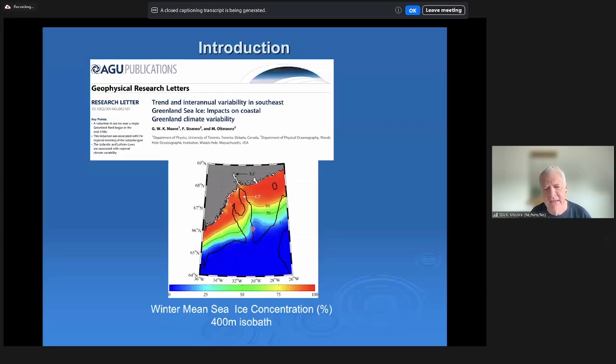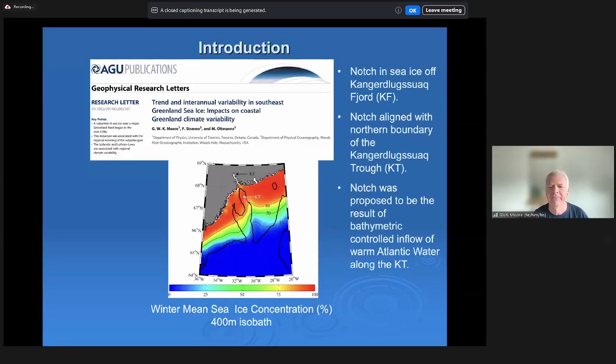As you can see, this notch in the sea ice developed along the northern or eastern boundary of this trough, which extends offshore of the Kangerlussuaq Fjord. The idea was that topographically controlled Atlantic water is flowing into the trough and towards the fjord, and that's leading to the retreat of sea ice in this region.